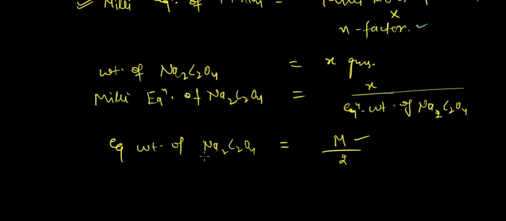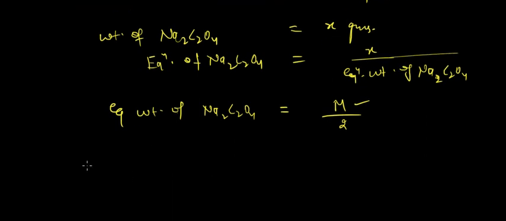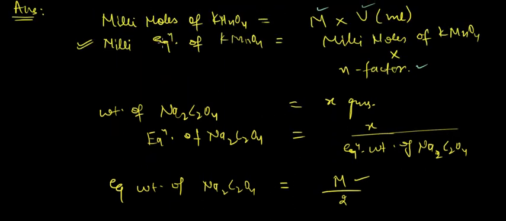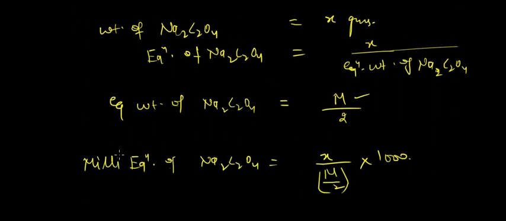This is the equivalent weight. So this is the equivalent, not the milli equivalent. For calculation of milli equivalent, you have to multiply this equivalent with 1000. So milli equivalent of Na2C2O4 would be nothing but X upon M over 2 into 1000, and equate this to milli equivalents of KMnO4 to get the answer.